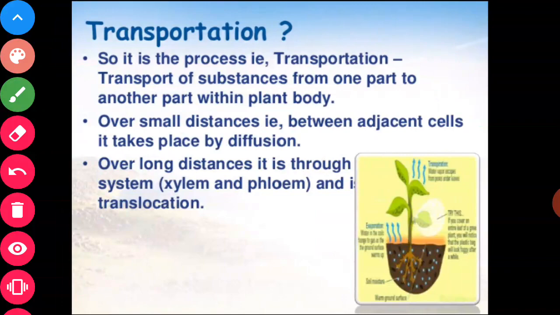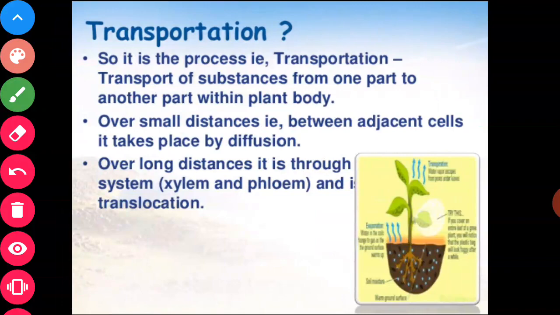So, some arrangement is required inside an organism which can carry the essential substances to all parts so that they reach each and every cell of the body. For this, there is a transport system in both the plant body and the animal body.